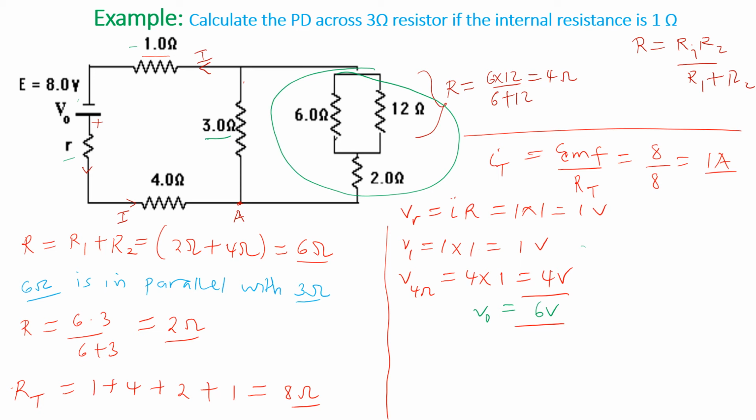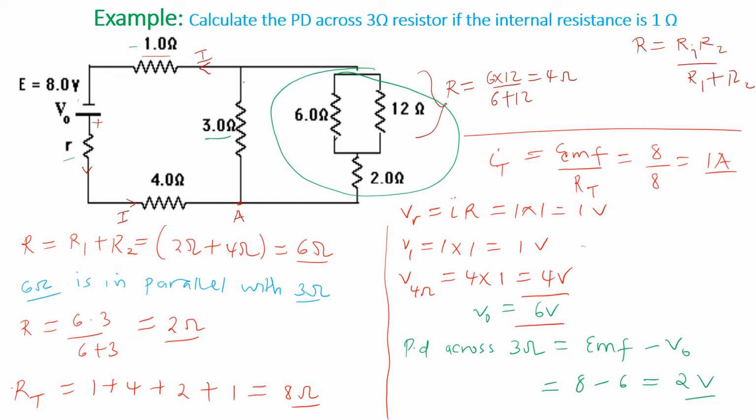We would say now the PD across the 3 ohm is going to be equal to the EMF of the battery minus the PD V0, which is the summation of all those PDs as I showed you. That's going to be 8 minus 6, which is 2 volts.